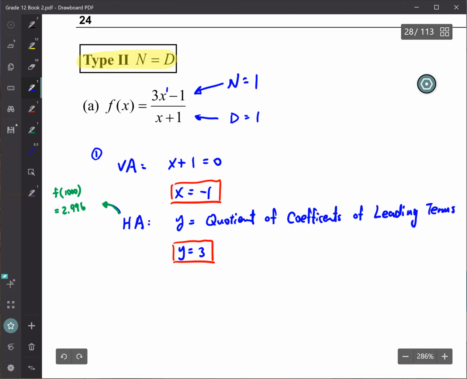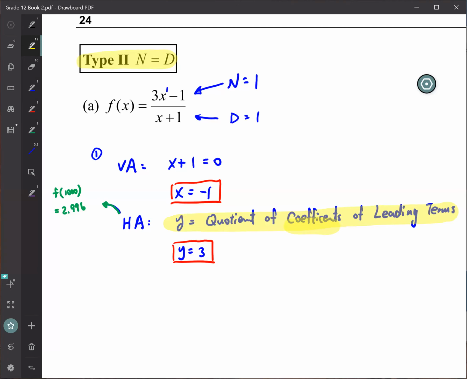Okay, leading term means it's the highest degree term. Just like when we learned the polynomial, right? You have to look at the leading term, whether it's even positive, even negative, right? Remember, you have to look at the highest degree one. So in this case, you are looking at the coefficients, right? Coefficients of the leading term.